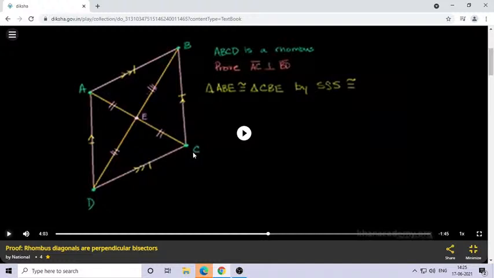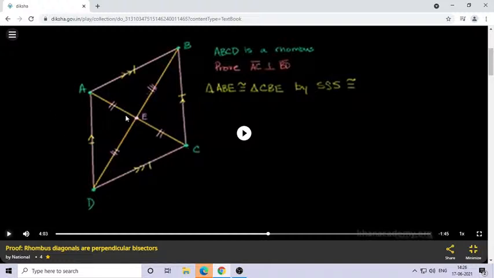Why is AB equal to BC? Because it is a rhombus. In a rhombus, all sides are equal. In the same way, the side AE is equal to EC. Why is AE equal to EC? Because we know that in a parallelogram, the diagonals bisect each other.